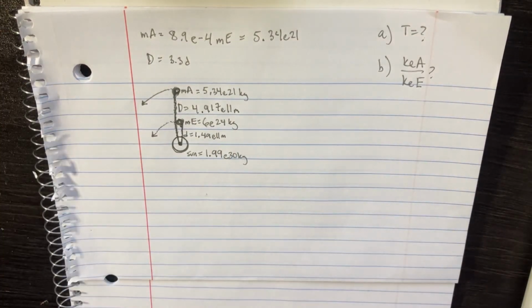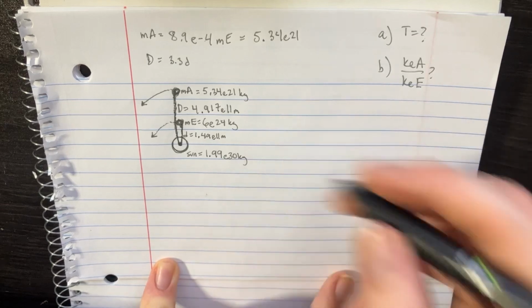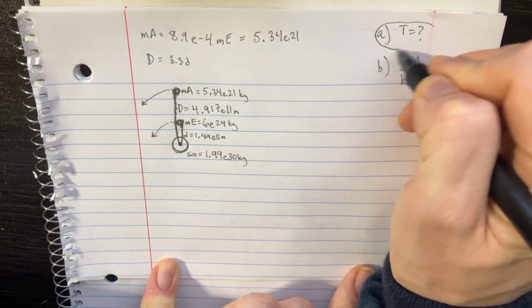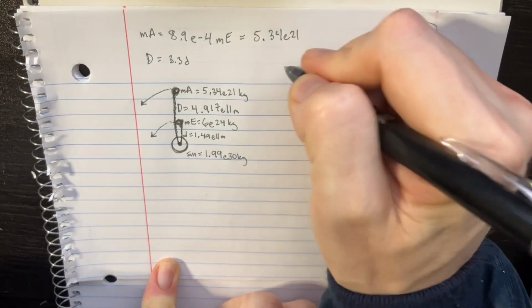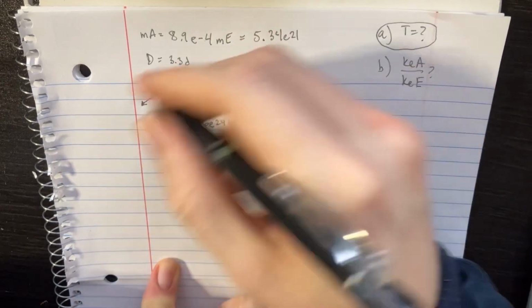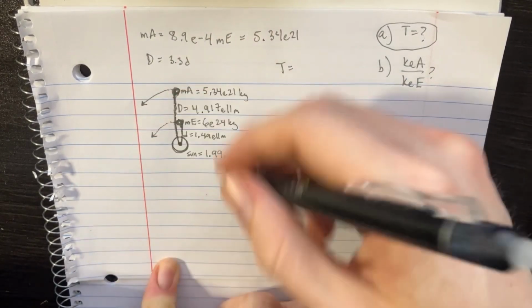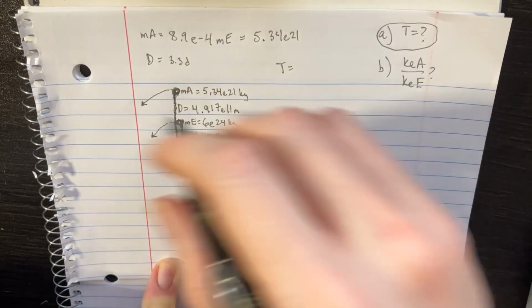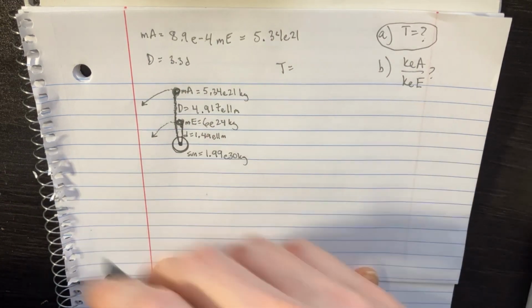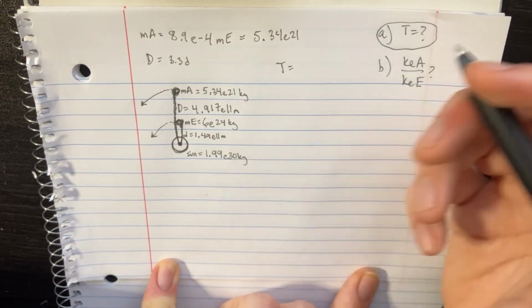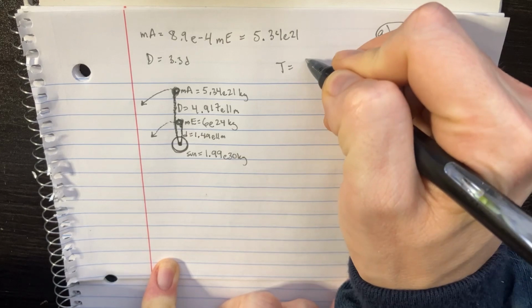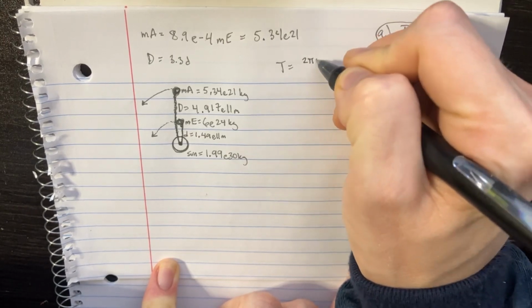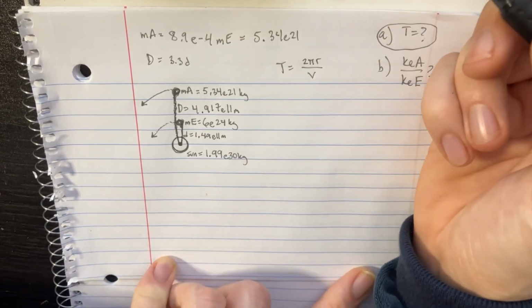Okay, I think we have enough information here. The first question it's asking is, what is T? We know that T for something in centripetal motion is 2 pi r over v.